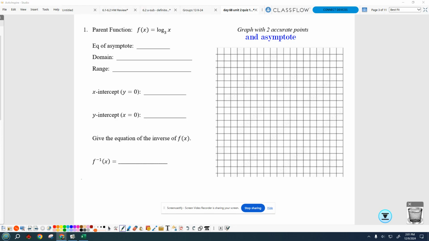Okay, so for the first point, it's always gonna be 1, 0 unless there's a change, like up or down or side to side. And then for the second one, it's the space and then one.